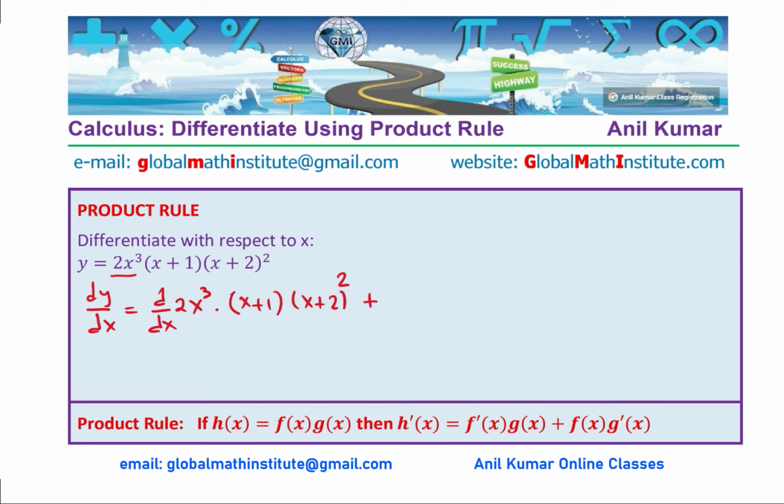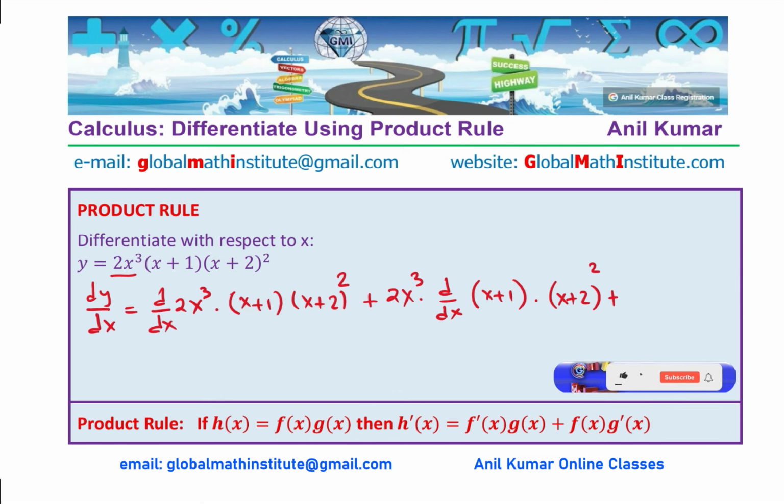Plus, you can write the first term now, which is 2x cubed, times the derivative of the second term, which is x plus 1 times x plus 2 whole square. And then you can write the first 2 terms multiplied with the derivative of the third term. You get the idea. So that is how the derivative of multiple terms can be found.